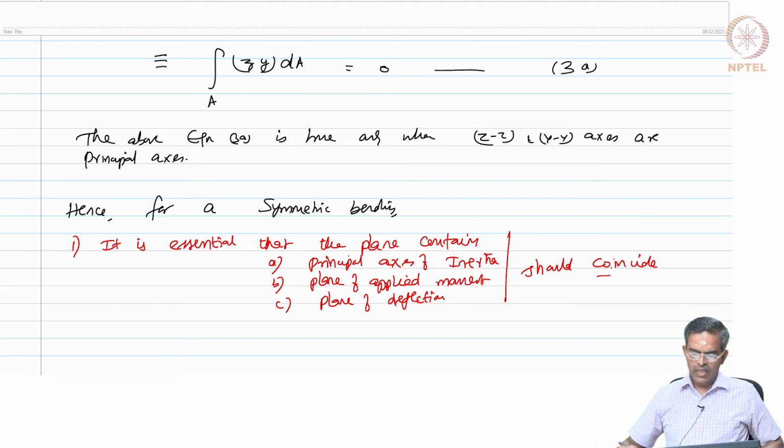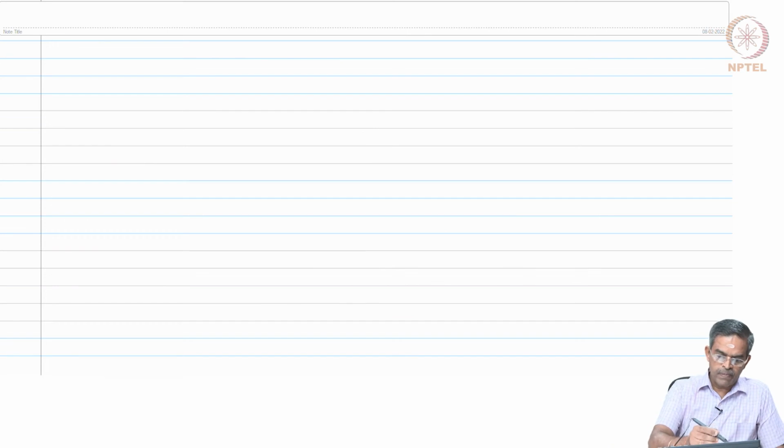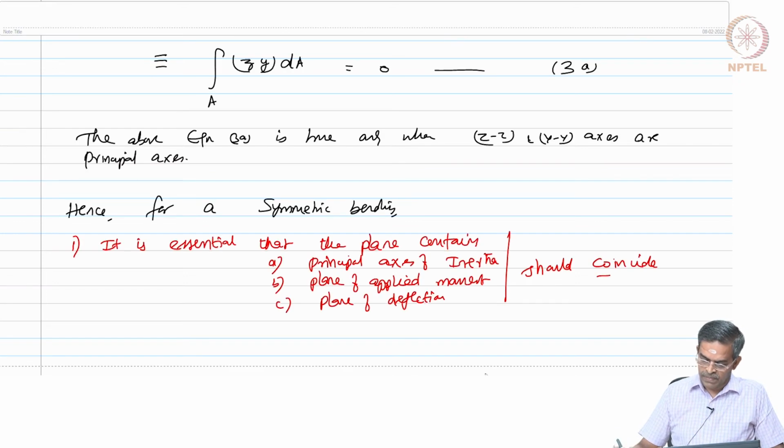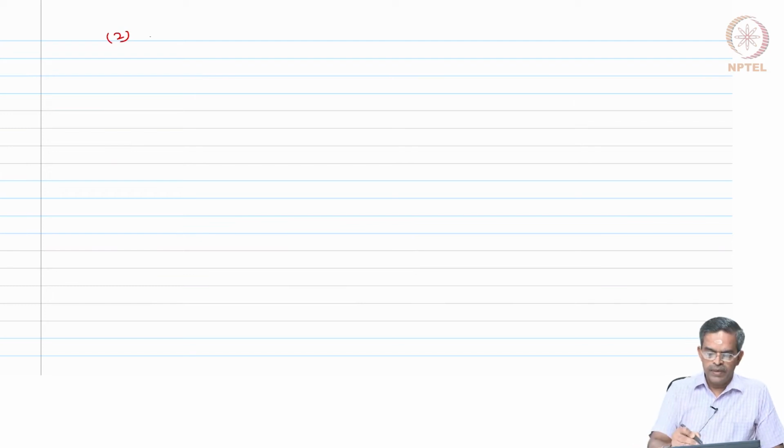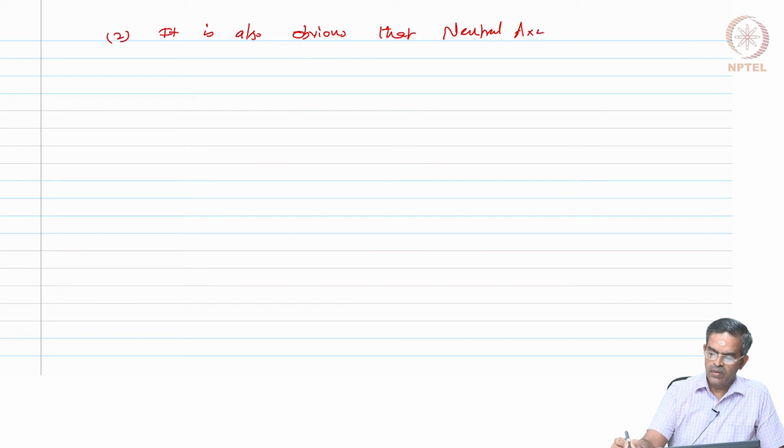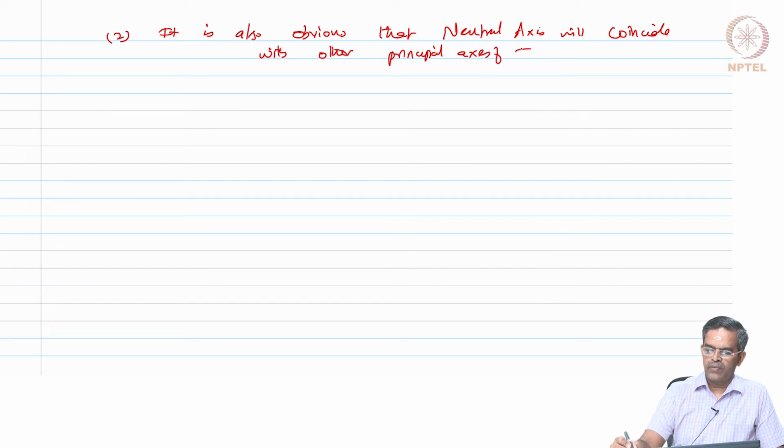Then only symmetric bending can happen. The second condition for symmetric bending to happen is that the neutral axis will coincide with the other principal axis of inertia.